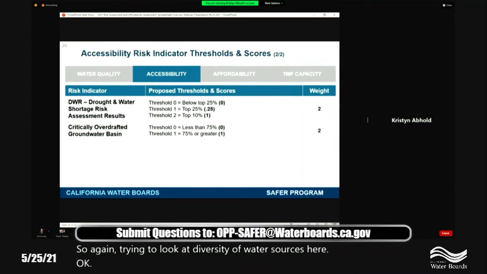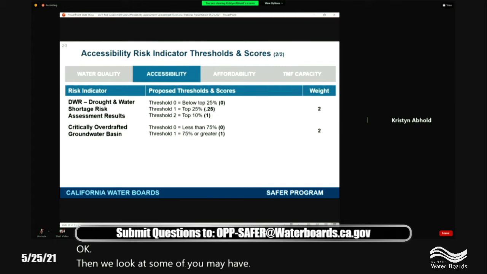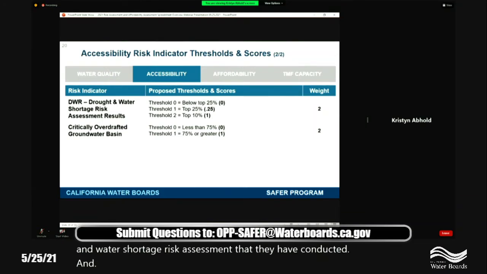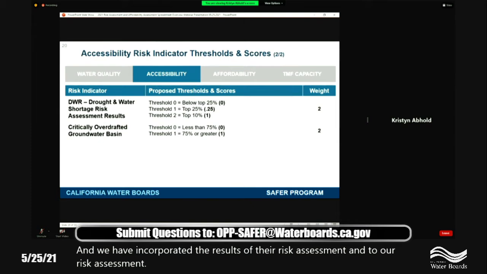Then we look at, as some of you may have followed, the DWR has a drought and water shortage risk assessment that they have conducted. And we have incorporated the results of their risk assessment into our risk assessment. So if the water system is in the DWR's results in the top 10%, then they get a full risk point.